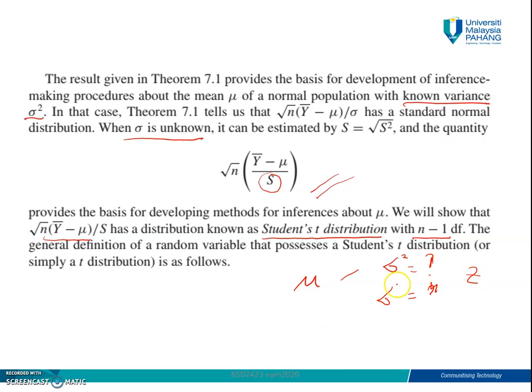But if you are talking about sigma square only, you will have the chi-square distribution. This one, Z, is the normal distribution. Now, when you don't know this and you only have S, you will use the t distribution. So that's how they can be correlated to each other.